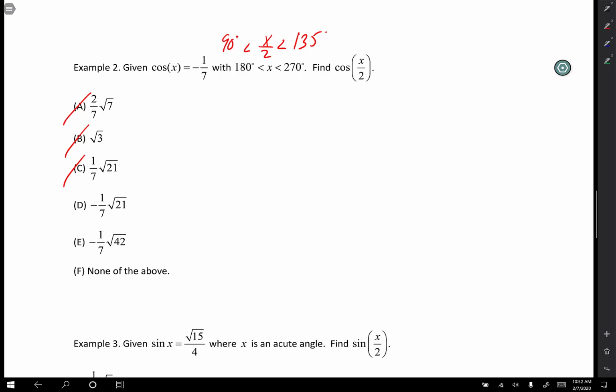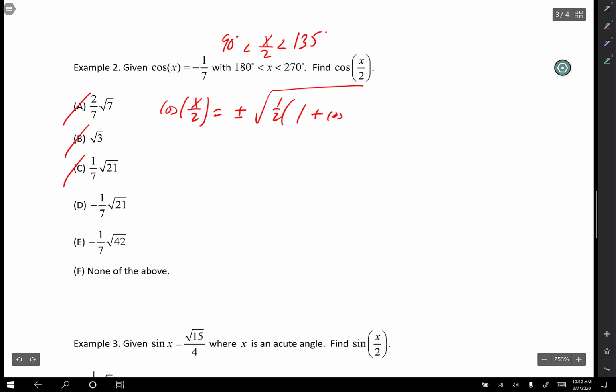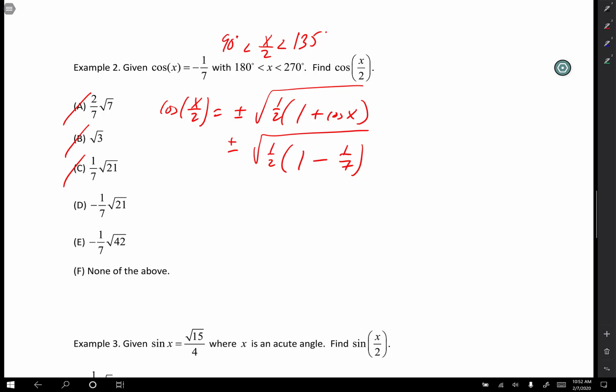Cool? All right, next. Cosine of x over 2 is plus minus square root of 1/2 times 1 plus cosine of x. They already give you cosine x, it's negative 1/7, so I'm just going to plug in. Plus minus square root of 1/2 times 1 minus 1/7. It's minus because it's plus a negative. Then 1 minus 1/7 is 7 over 7 minus 1, so that's 6/7.